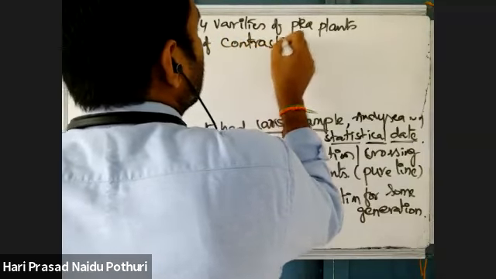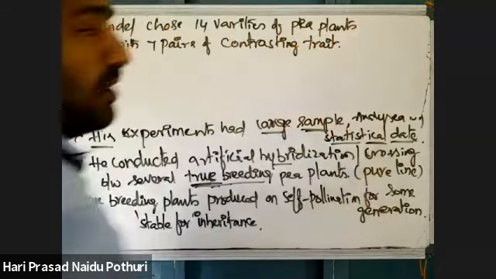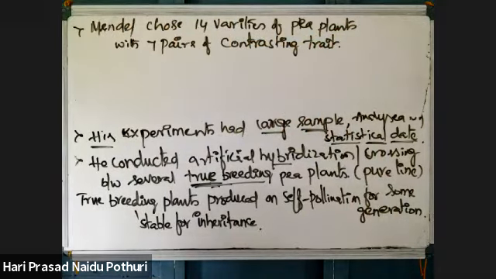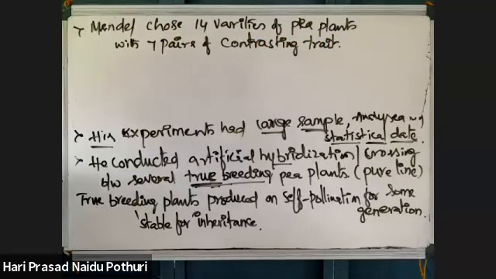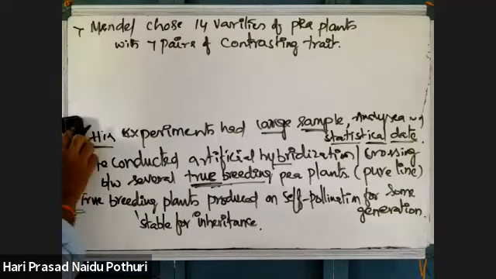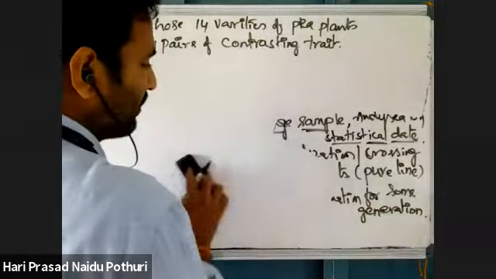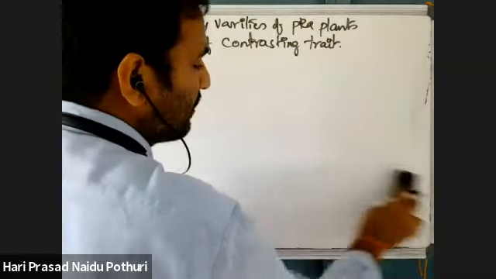What are contrasting traits? A trait is a different variety, I told you. Alternative forms of a character are called traits. So 7 contrasting traits he used, and with the help of those characters he conducted experiments and recorded the results.